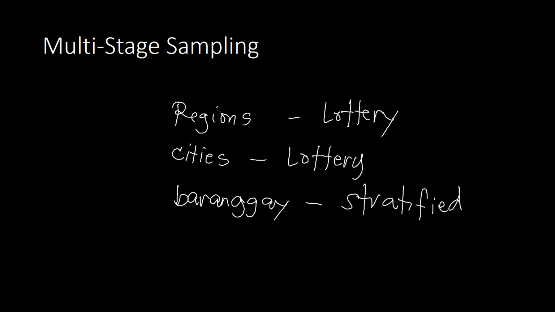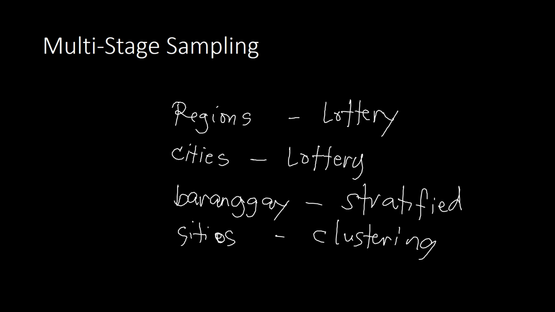Now, after the barangay there, you can narrow it down into sitios. That is possible. And this one here might be done by another method. You can have their clustering. So this is now an example of multi-stage sampling. As you have noticed, you are now breaking down your larger population into smaller samples.